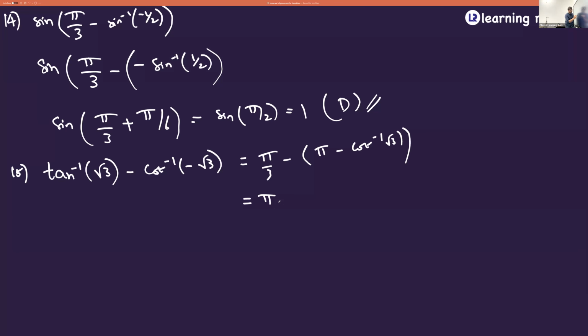So pi by 3 minus pi, minus of minus is plus. What is cot inverse of root 3? You're correct, pi by 6. So pi by 3 plus pi by 6 is pi by 2, minus pi. Answer will be negative of pi by 2. Is there an option? Option B is the right one.